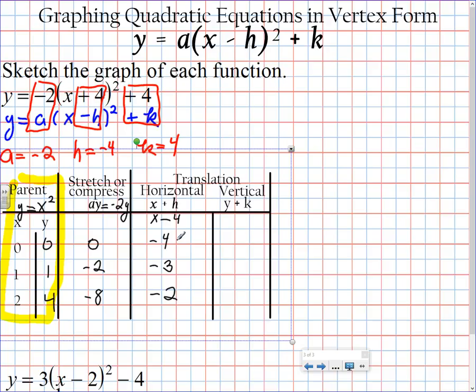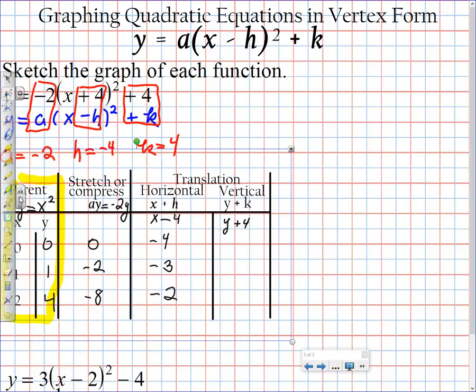Now, let's do the vertical translation, the vertical movement. It's y plus k, and in this problem, k is 4. So I have y plus 4. Take the y values and add 4 to them.